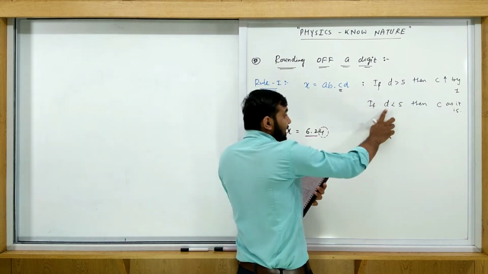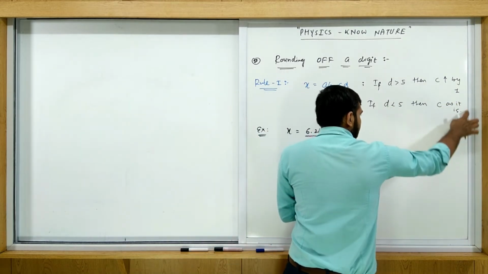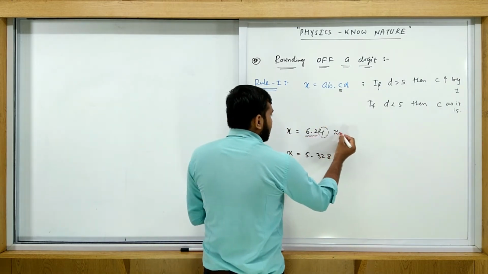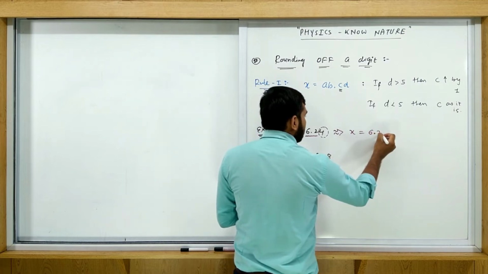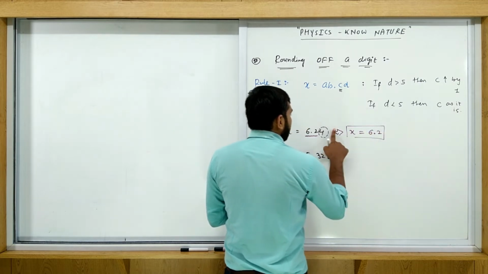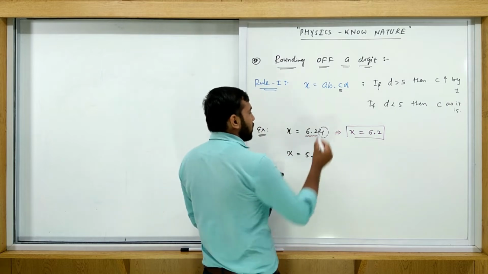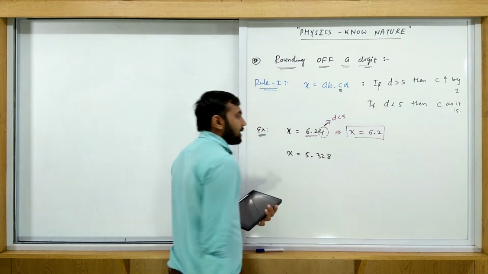If it is less than 5, then there is no change in c, it is as it is. So we write this answer as x is equal to 6.2. Why? Here d is less than 5.